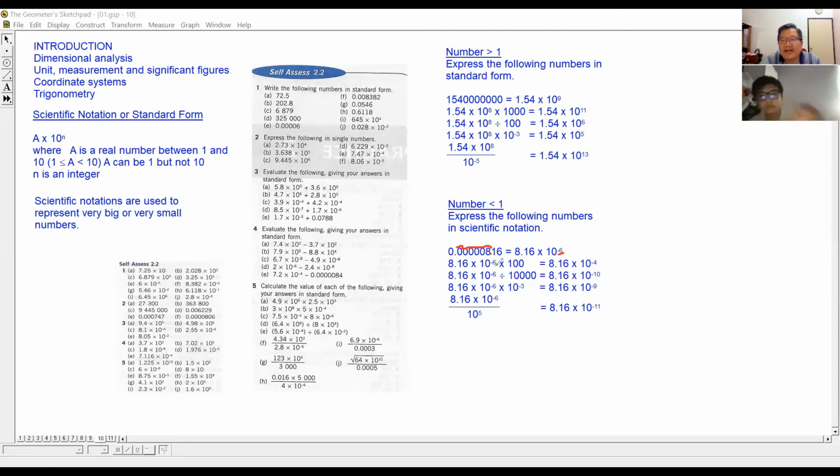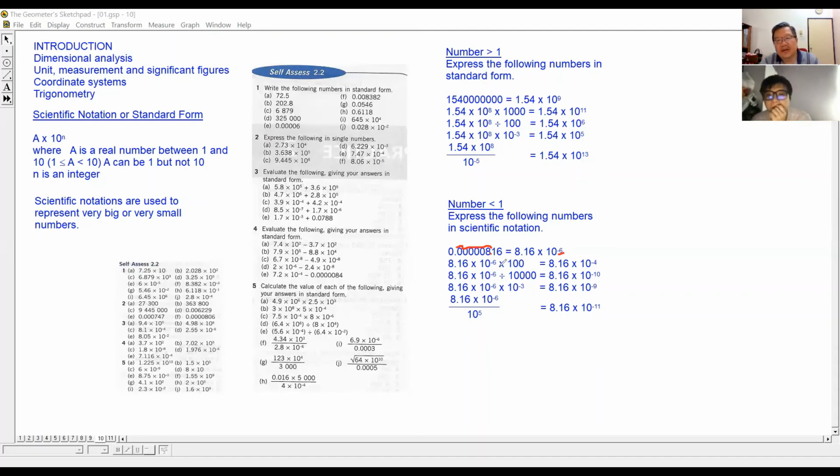Then 8.16 times 10 to the power negative 6 multiply with 100. 100 is 2 places. Now what should I do with these 2? Add or subtract the 2. This is multiplication. So there's a positive 2 here.